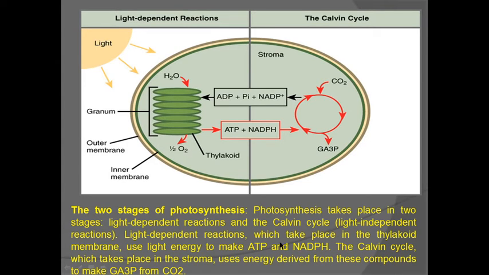Light dependent reactions, which take place in the thylakoid membrane, use light energy to make ATP and NADPH. The Calvin cycle, which takes place in the stroma portion of chloroplast, uses energy derived from these compounds to make G3P from carbon dioxide.